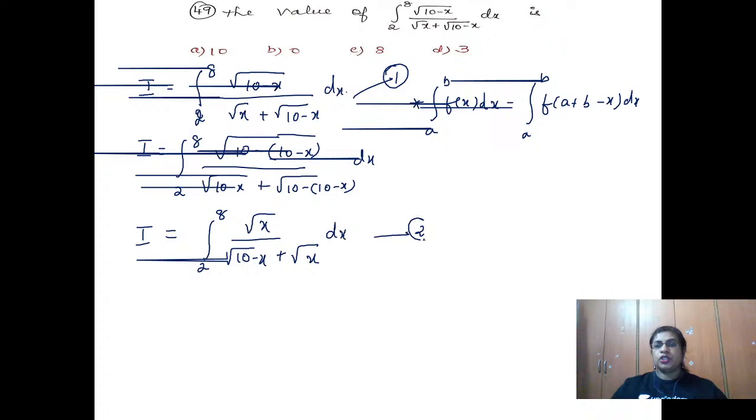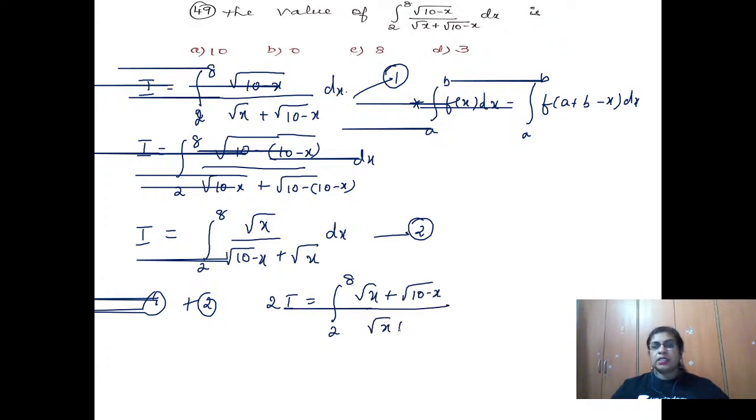So add equation 1 and equation 2. When I add them, on the left side I am getting 2i. On the right side, just observe, I am getting the numerator and denominator the same: root x plus root of 10 minus x, divided by root x plus root of 10 minus x, dx.